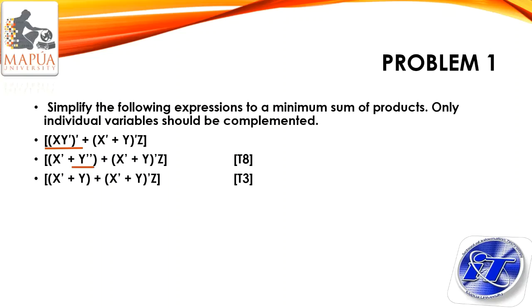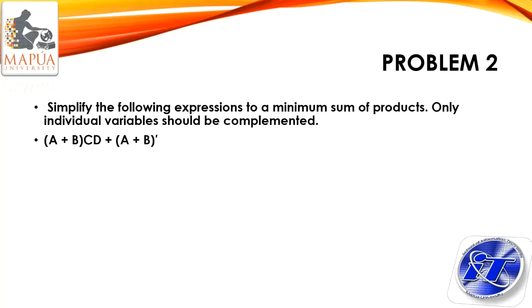So therefore, we could remove the negated version of the first term using theorem number 5. So the result will be x naught plus y plus z. Is this simplified? Yes. Do we have a shared complement or not? We don't have. So therefore, this is the final answer.